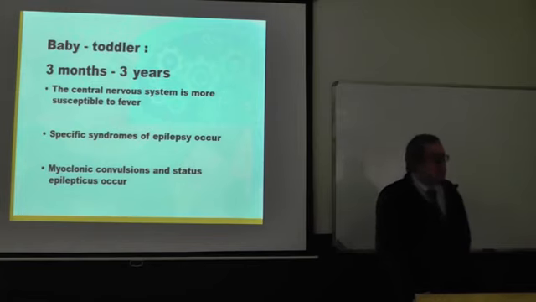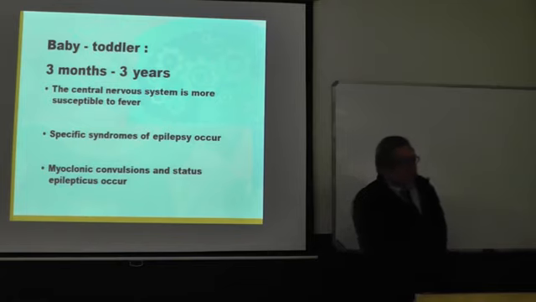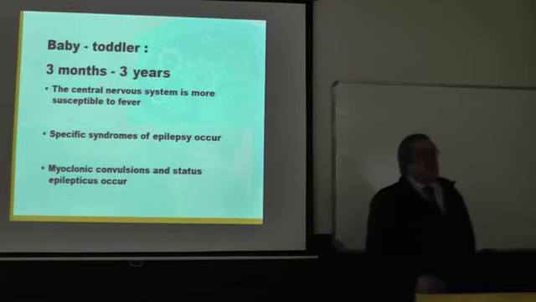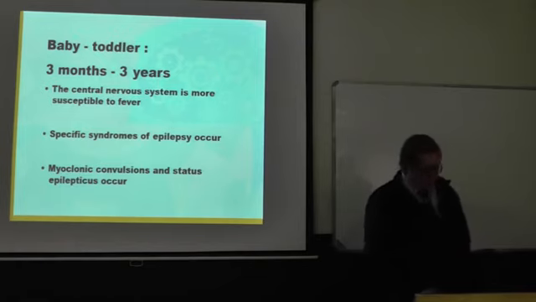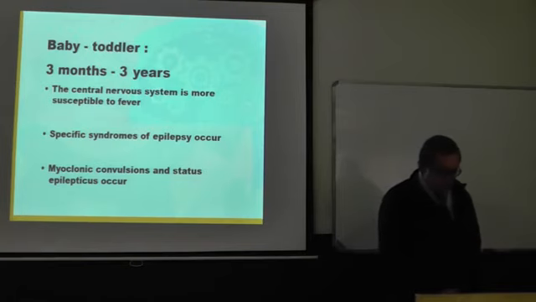During the baby or toddler era, febrile seizures come to the fore because the central nervous system is more susceptible to the effects of fever, and specific syndromes may occur.